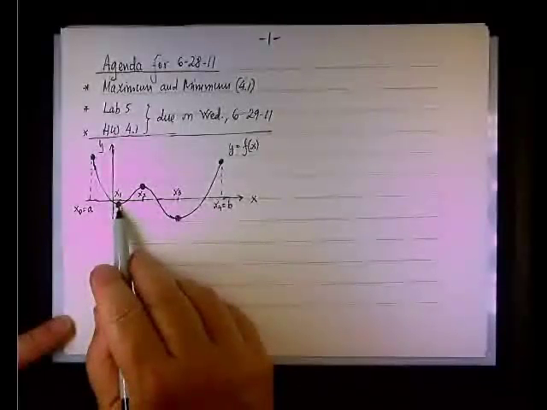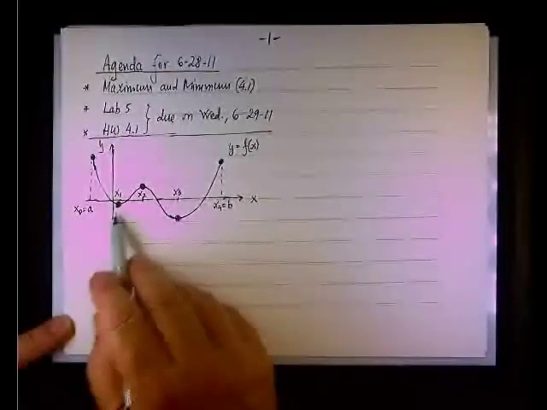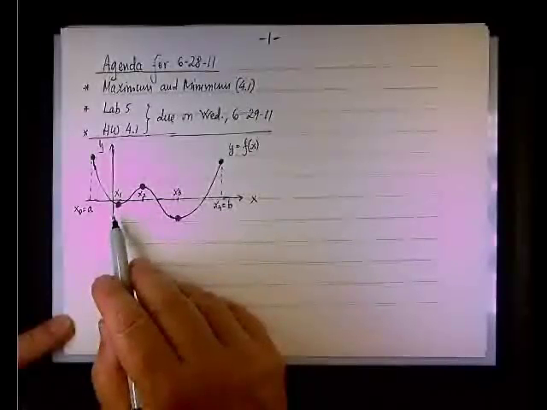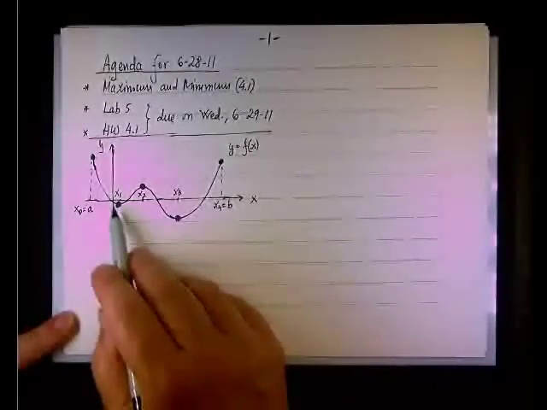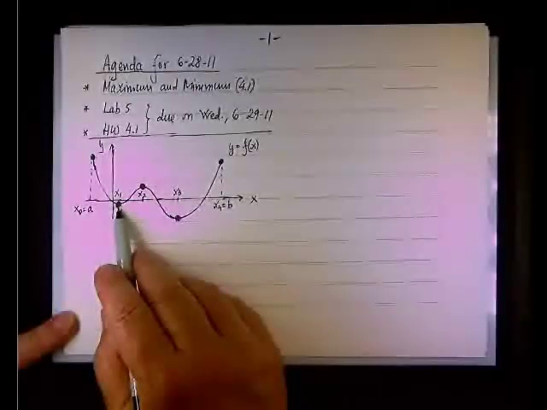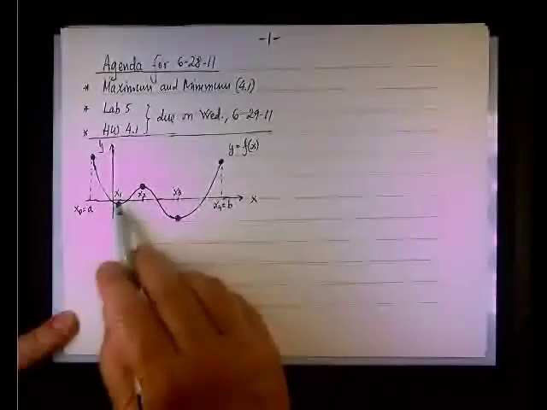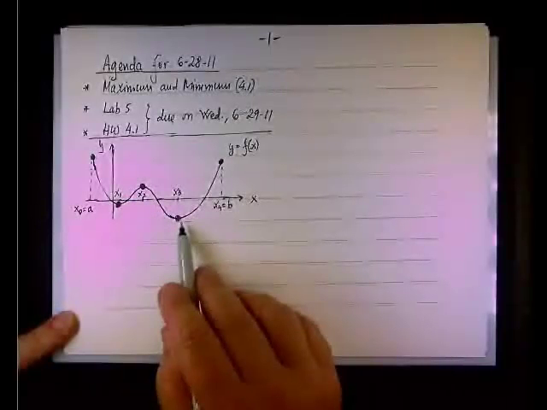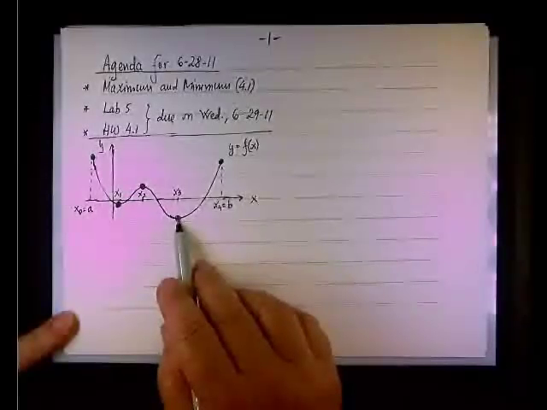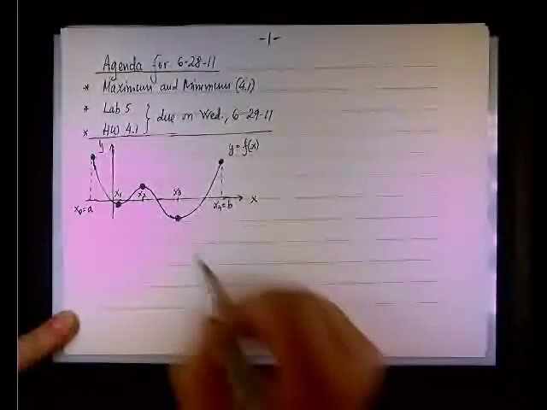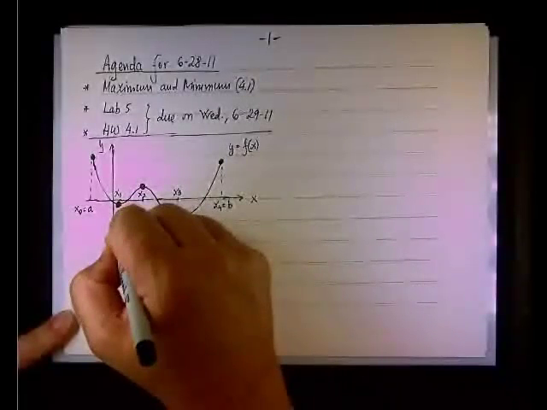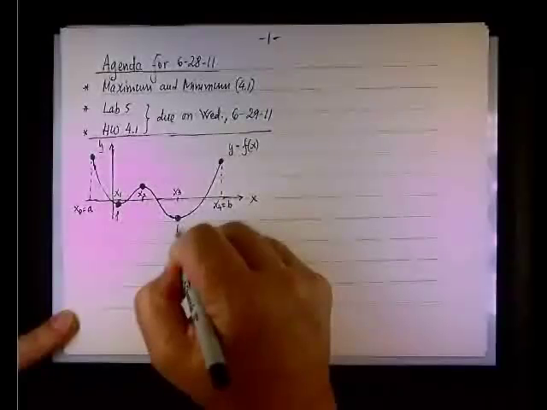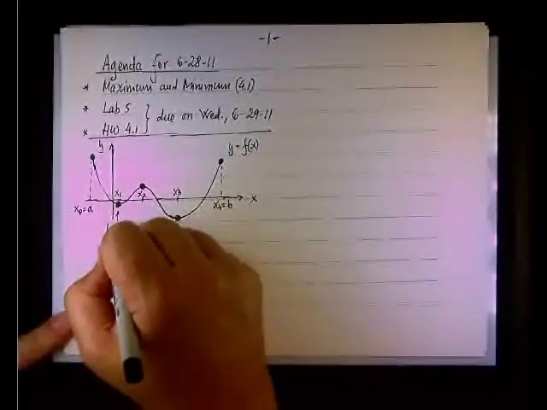Because if you're looking at x sub 1, for instance, the y value corresponding to x sub 1 is the minimum in this area. Of course, we can go to x sub 3 and find an even lower value of y. So these 2 points are what we call local minimums.